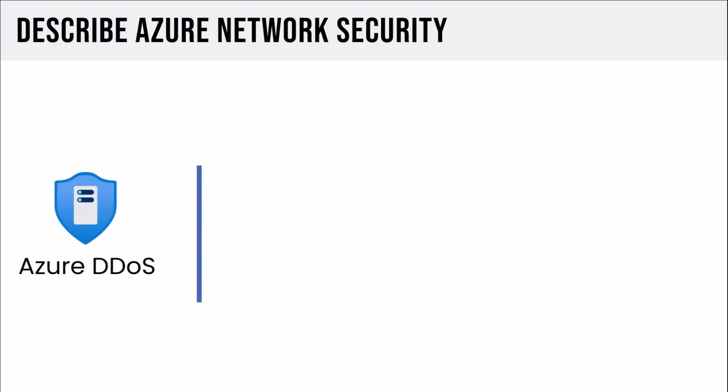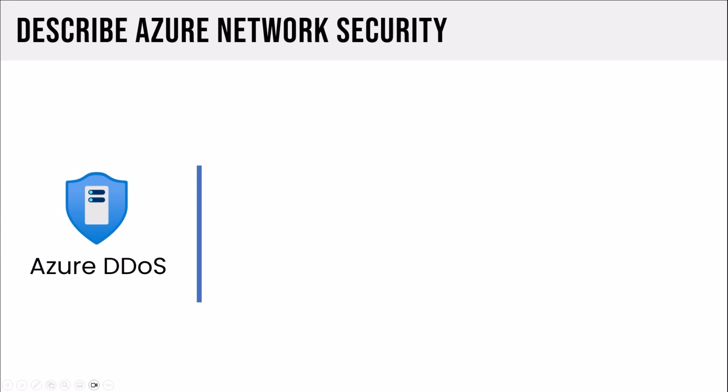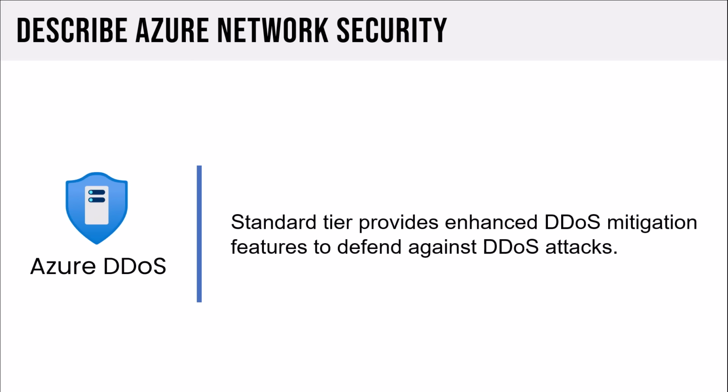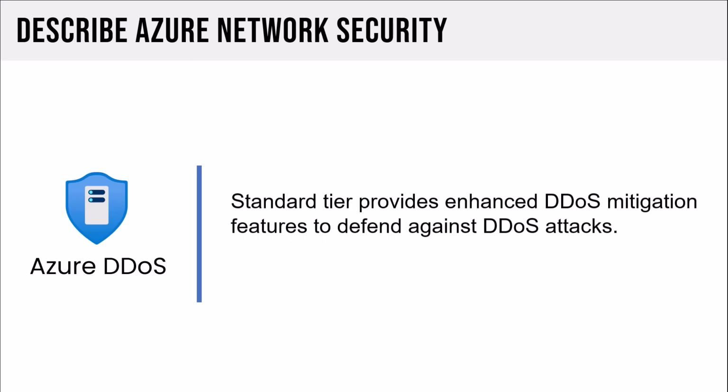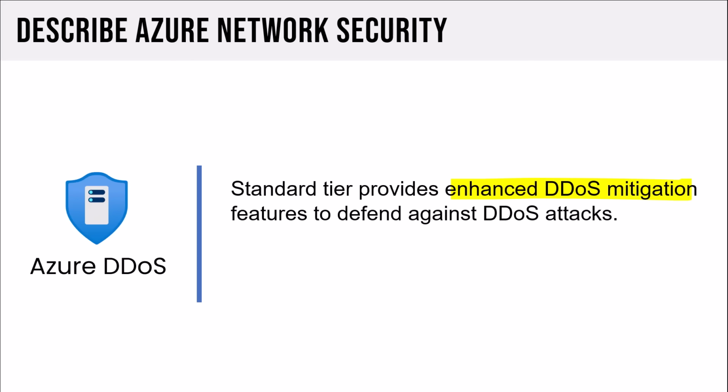And the last service I wanted to talk to you about from a security perspective was Azure DDoS, which provides protection from, as the name implies, distributed denial of service attacks. The standard tier of Azure DDoS provides enhanced DDoS mitigation features to defend against distributed denial of service attacks.